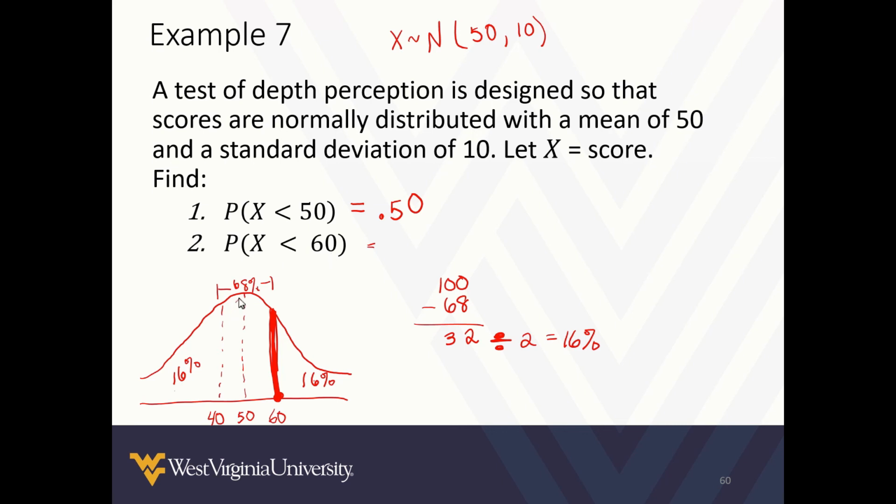So that's going to include this 68% and the left tail, which is 16%, to give us a total area of 0.84 or 84%.